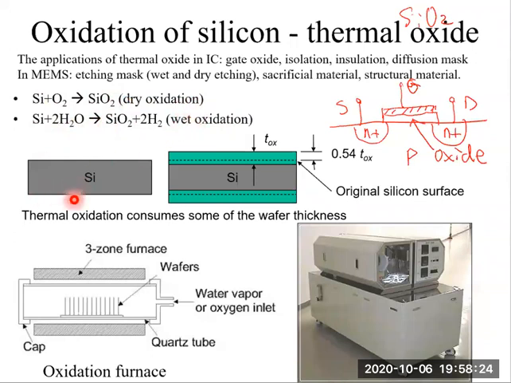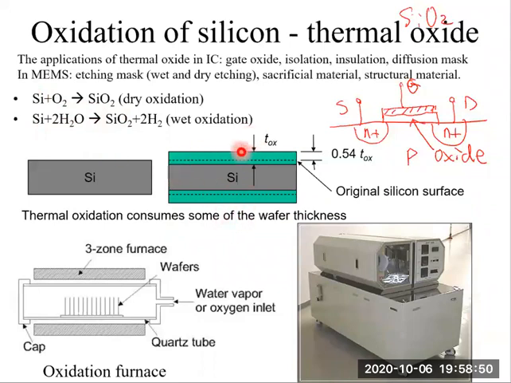Note that thermal oxidation consumes some of the wafer thickness. Namely, the silicon substrate participates in the chemical reaction to form silicon dioxide. The silicon substrate is reacted. A certain amount of silicon is consumed.